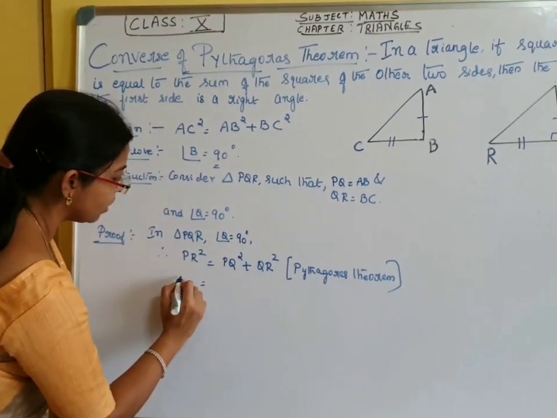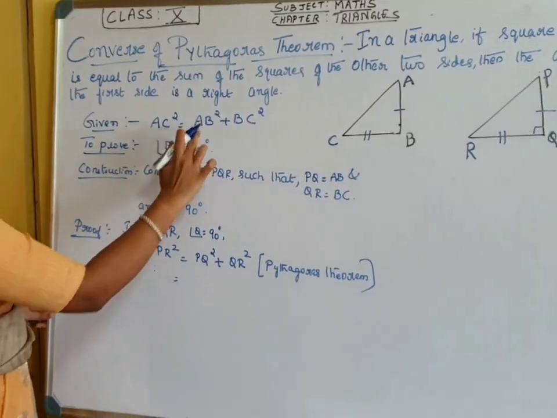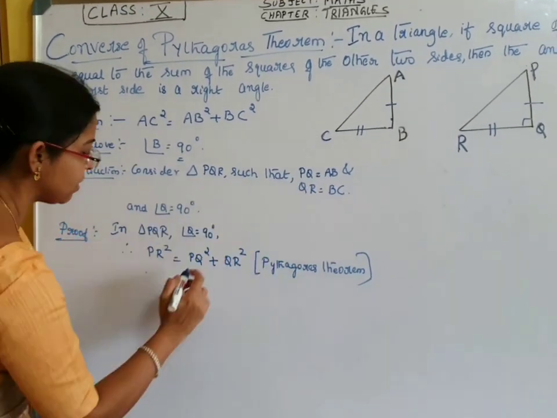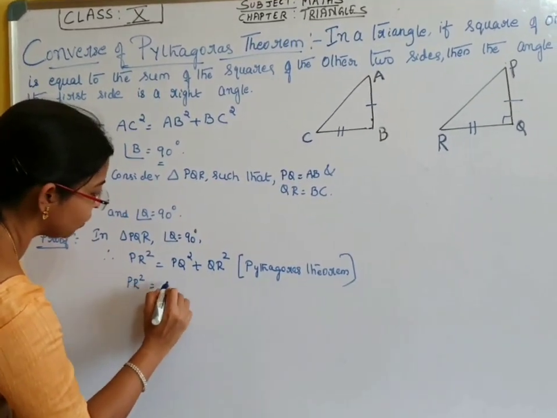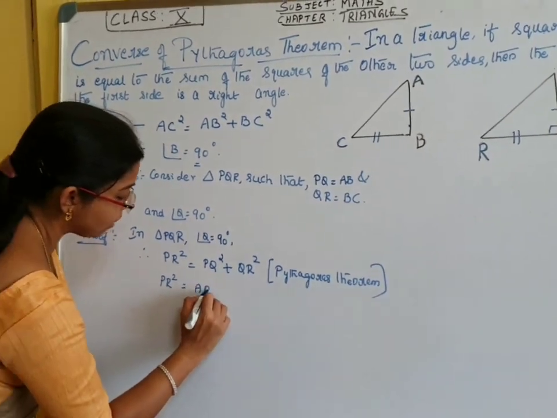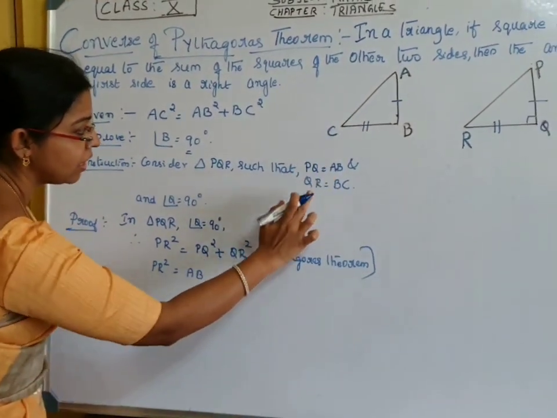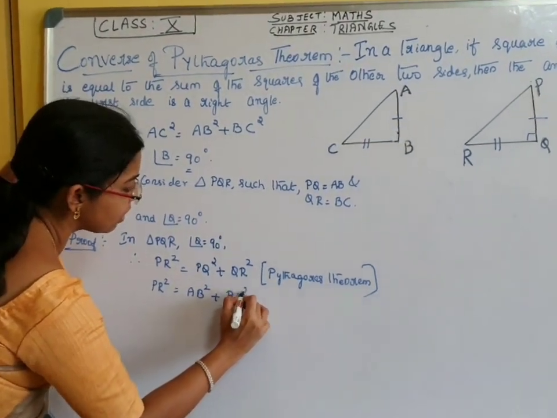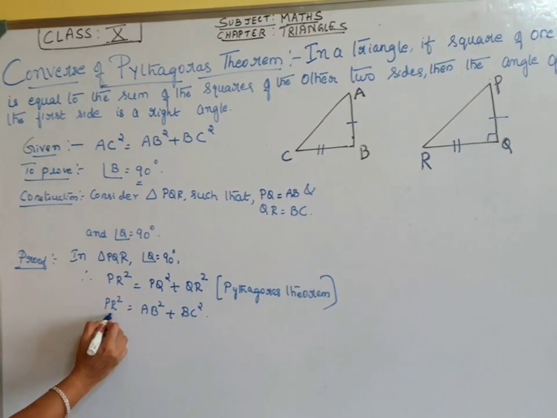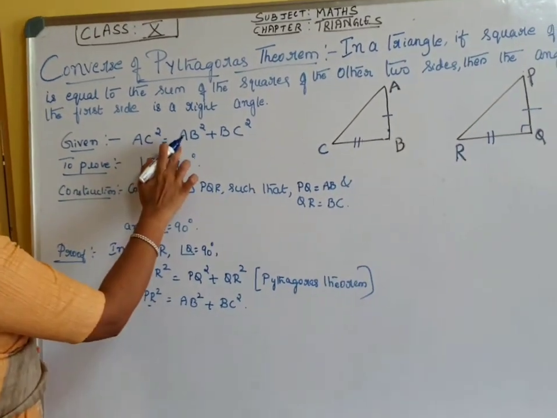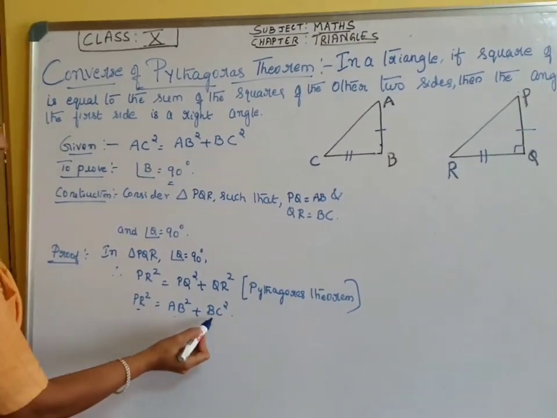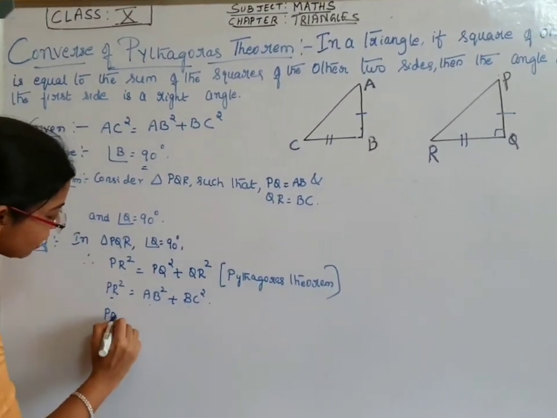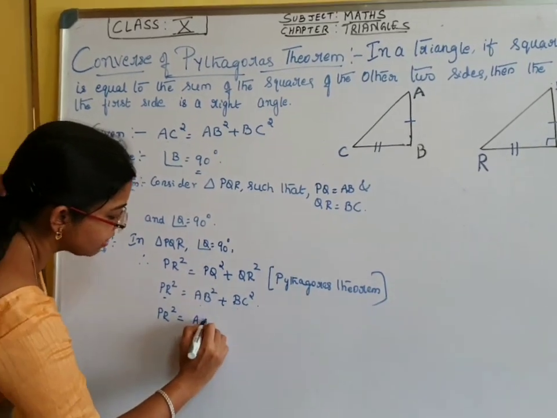Now, we know that by construction PQ is equal to AB, QR is equal to BC. So we substitute that. In place of PQ, you can write AB. In place of QR, we will write BC. Now, from the given, we can write AB square plus BC square is equal to AC square. So PR square is equal to AC square.